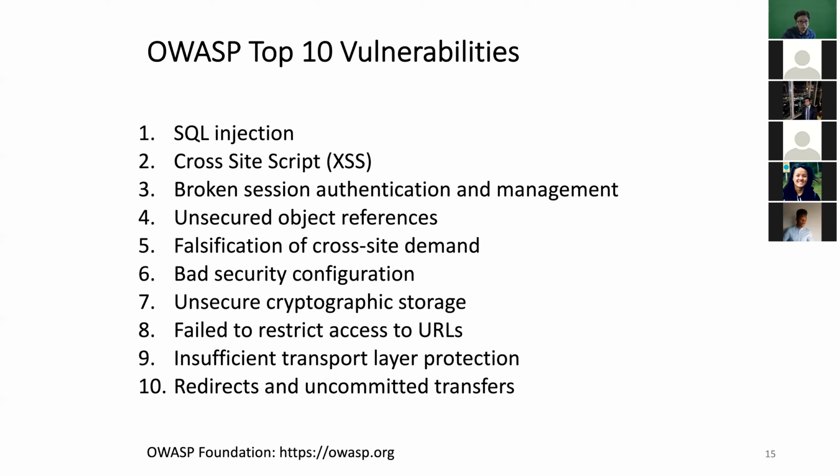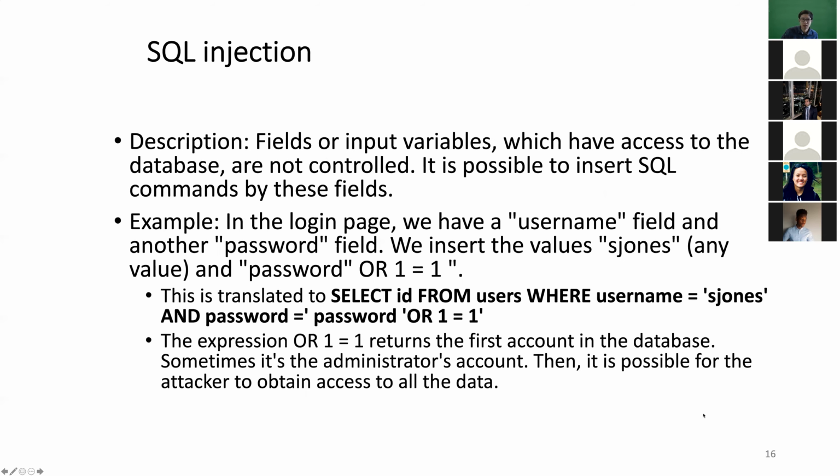the first one is SQL injection. So what is SQL injection? Basically, people can access your database, right? You control what type of data each level of users can access.